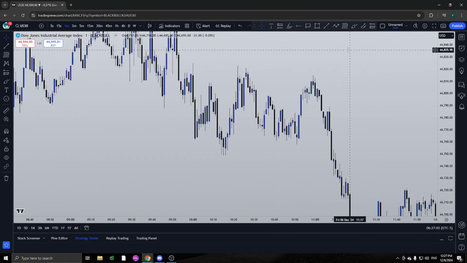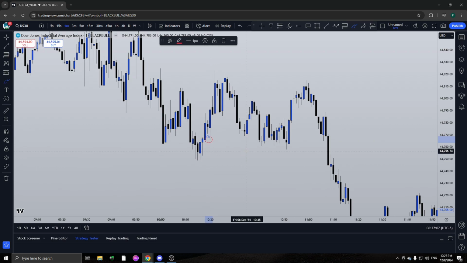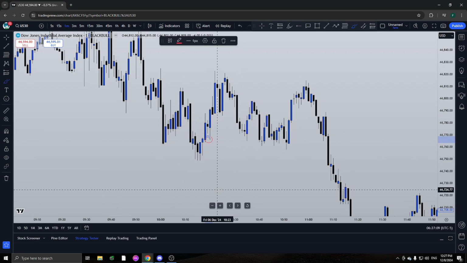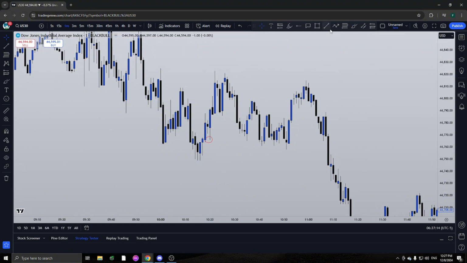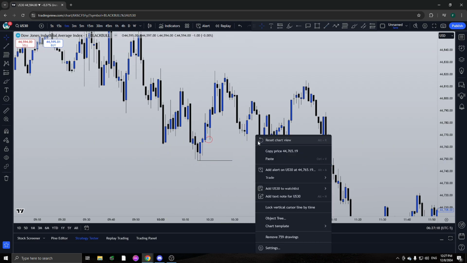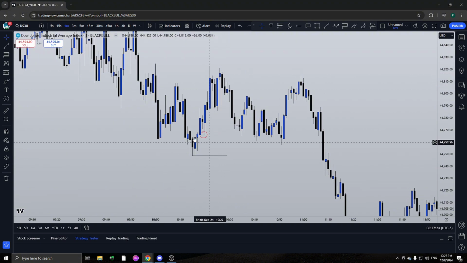So let's say I take my trade here, I have a stop loss and I mark out my stop loss, for example, here. Liquidity is basically where the money is. So right here, I enter and I put my stop loss here. And since this is a low, a lot of people put their stop losses here.